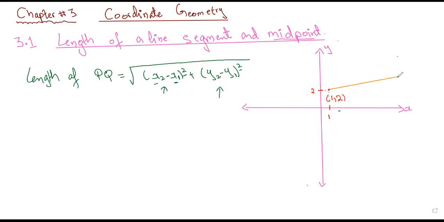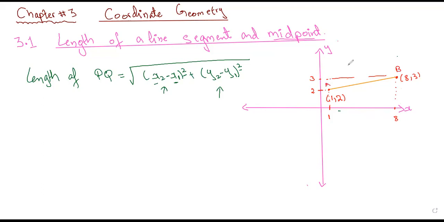And if I talk about this point, let's say it is 8 and 3. This is 8 and 3. So 8 means that the x coordinate of this point would be 8 and the y coordinate of this point is 3. We need to find the length of this yellow line. Let's call it A, B.